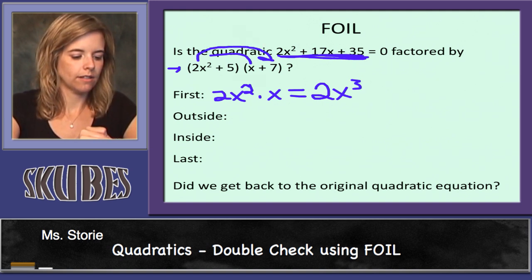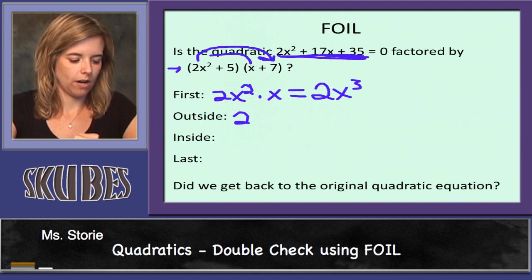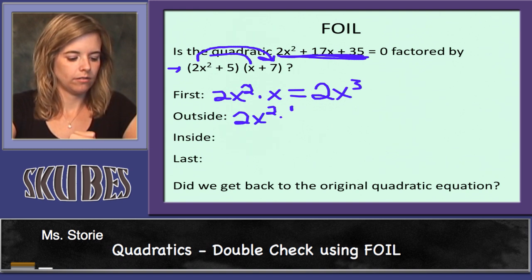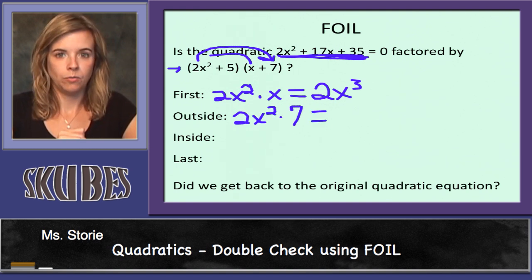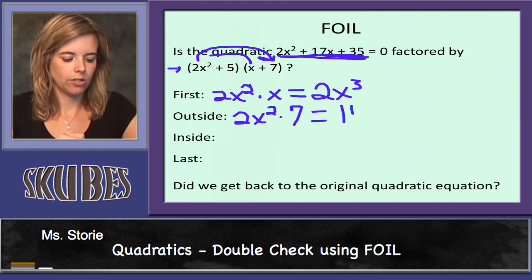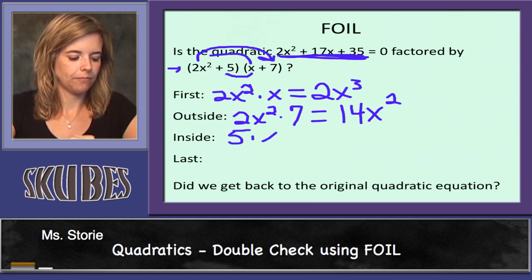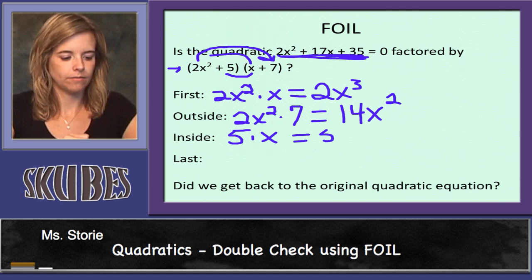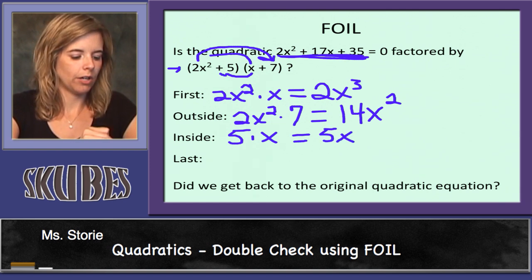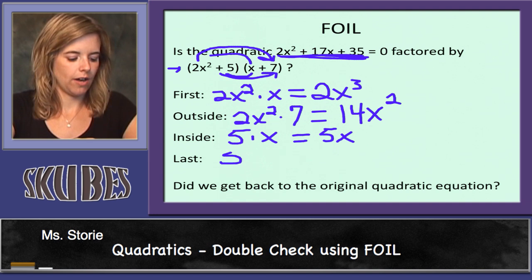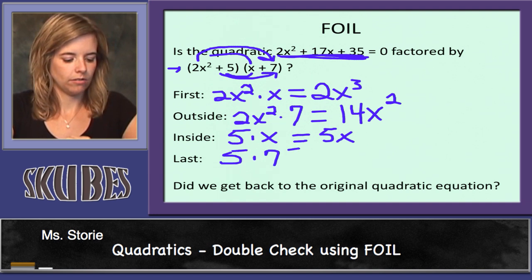You go 2x squared times 7. Okay, only multiply the whole numbers, that's all you have for like terms, and then you have x squared. Now, we're going to go inside, which is 5 times x, which is 5x, and then we're going to go last, which is 5 times 7.